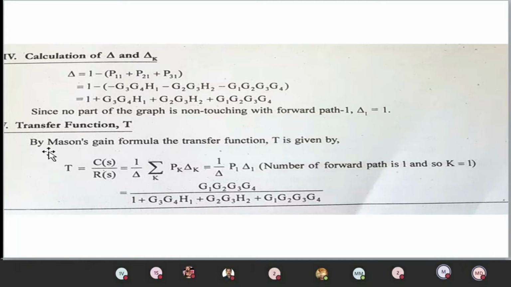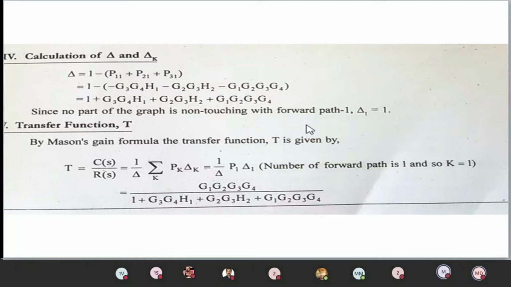Okay. So this problem seems to be very simple. The reason is you don't have more than one forward path, you don't have any non-touching loops, and you also don't have any path that is not touching the forward path. Now you can notice the difference between the block diagram and the signal flow graph methods. In a block diagram, we utilized certain rules and minimized several blocks into a single block to determine the transfer function.